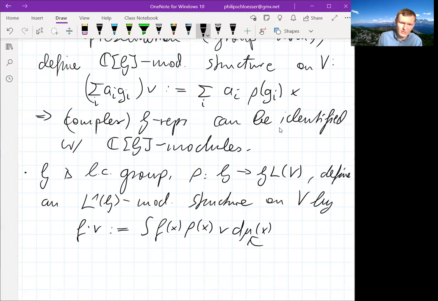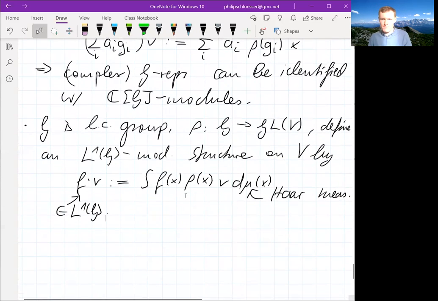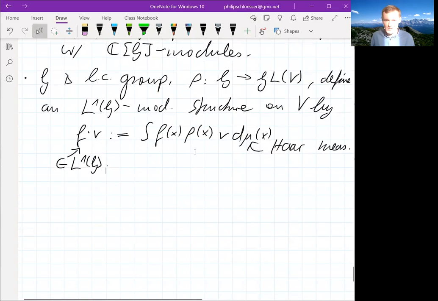Now this is a Haar measure, and f is an L1(G) element. A similar thing also works for compactly supported measures, compactly supported distributions, whatever.